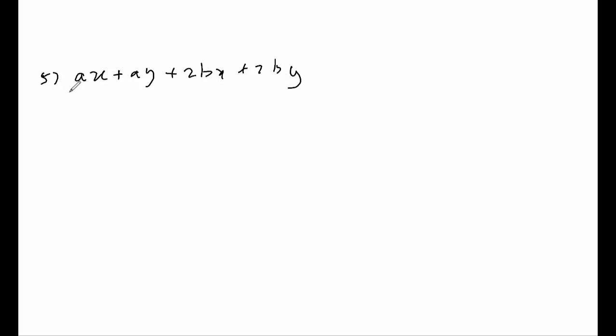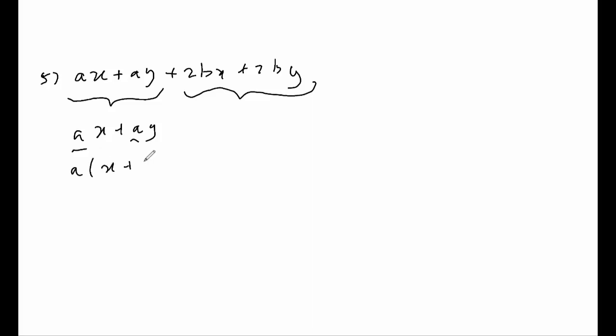We're going to group these terms, so we're going to look at this as a group and this as a group. And so we're going to end up factoring out what ax plus ay have in common. And we see we can factor out the a. So we can rewrite this one as a times (x plus y).